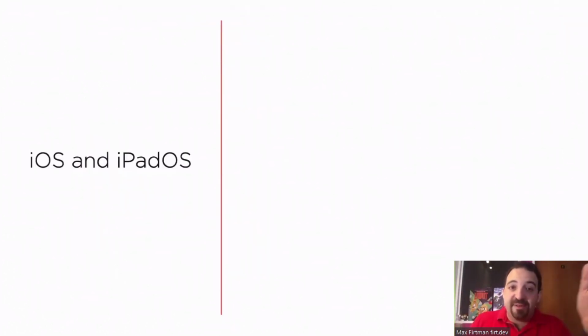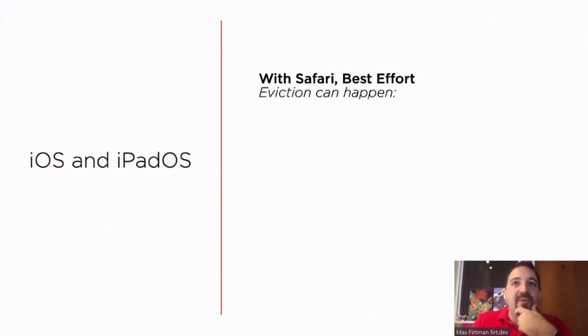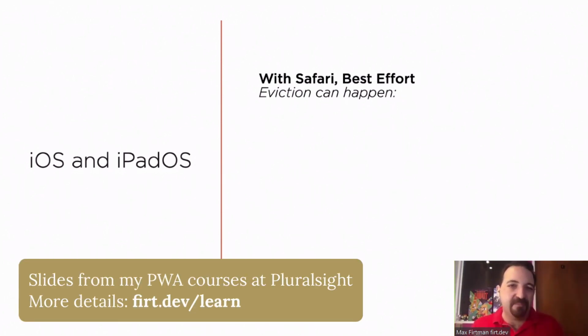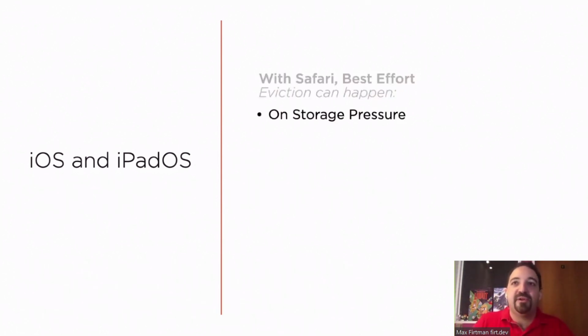On iOS and iPadOS, with Safari, the best effort policy is being applied. That means that eviction means that your data might disappear. Eviction can happen on storage pressure.